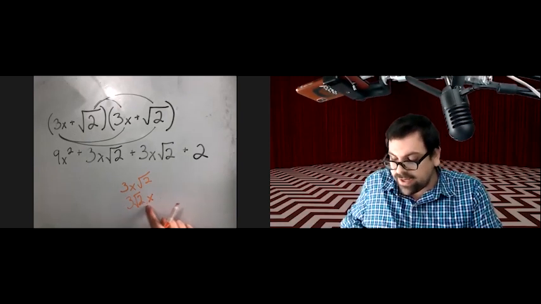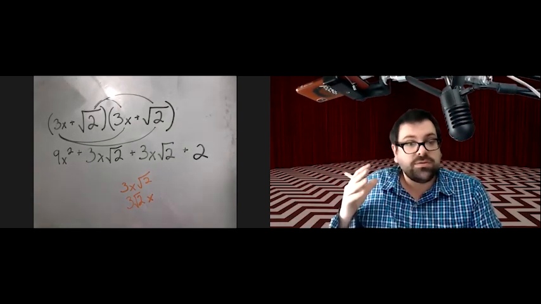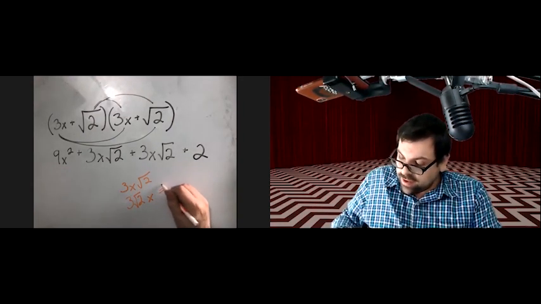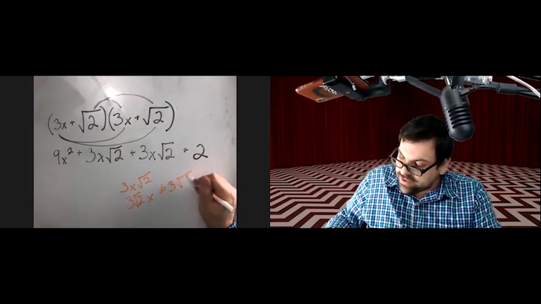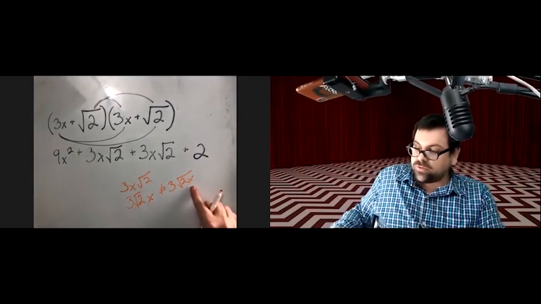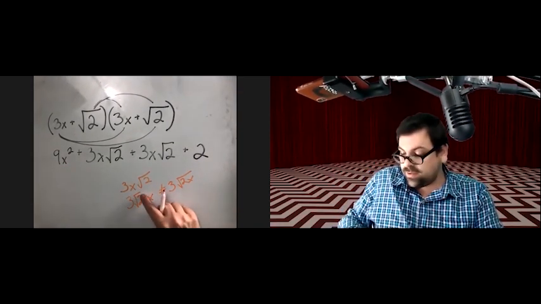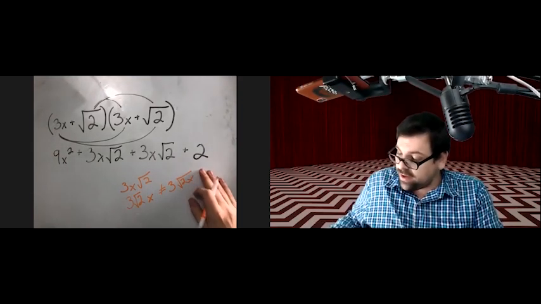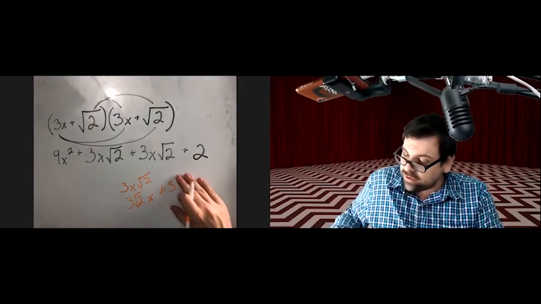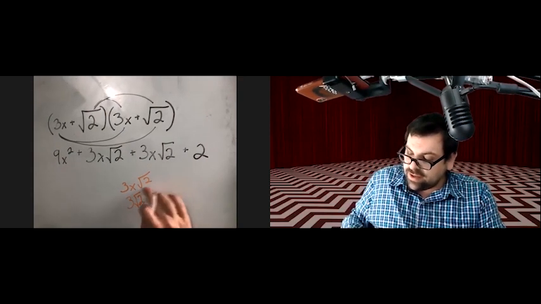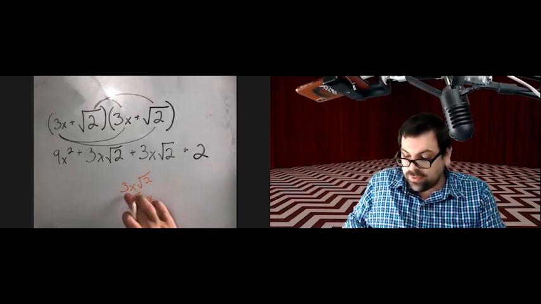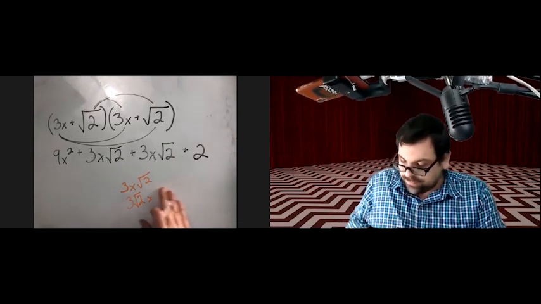But when we write it like this, there is very easily going to be confusion between this and what is definitely not the same, 3 radical 2x. Where does the radical actually stop? We avoid that altogether by making sure that the radical factor is written last. So instead of 3 radical 2x, 3x radical 2.